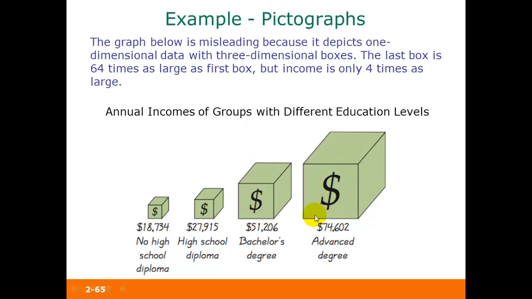So this is definitely exaggerating the difference between the income for those with no high school diploma, which is 18,734, and the income for those with an advanced degree, which is 74,602. But if you just look at the sizes of the boxes, this last box on the right looks huge compared to this first box on the left side.